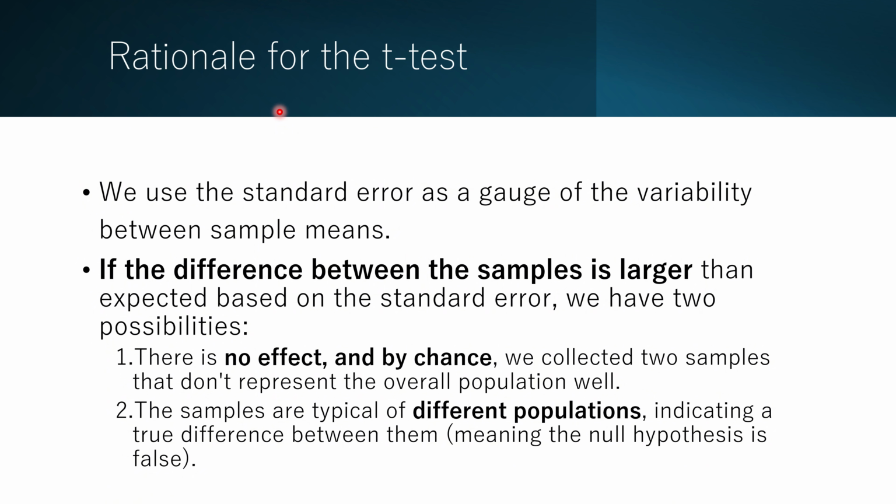This is the rationale for the t-test. We use the standard error as a gauge of the variability between two means. If the difference between the samples is larger than expected based on the standard error, we have two possibilities: there is no effect, no difference, or there is a difference.